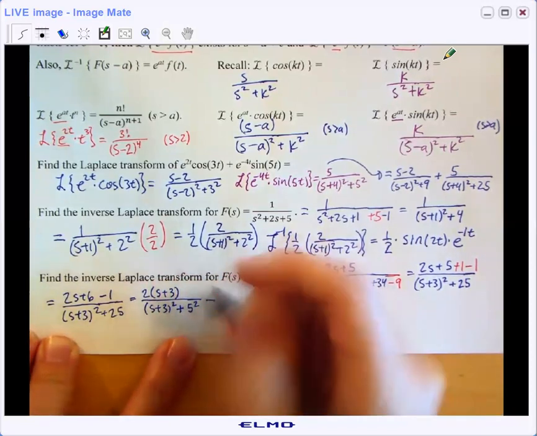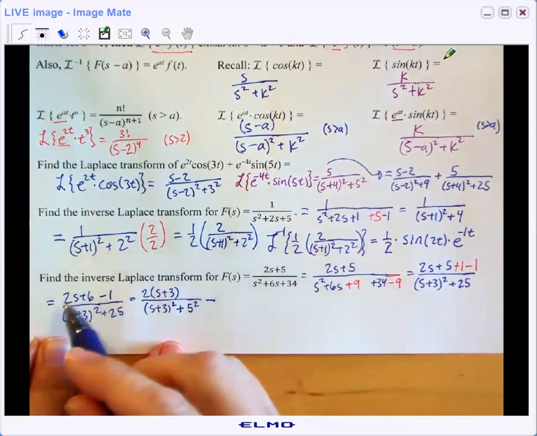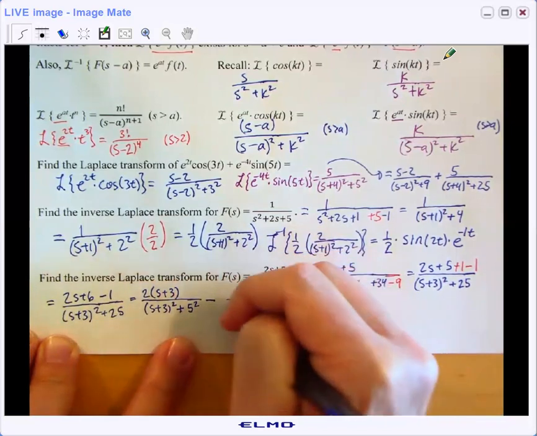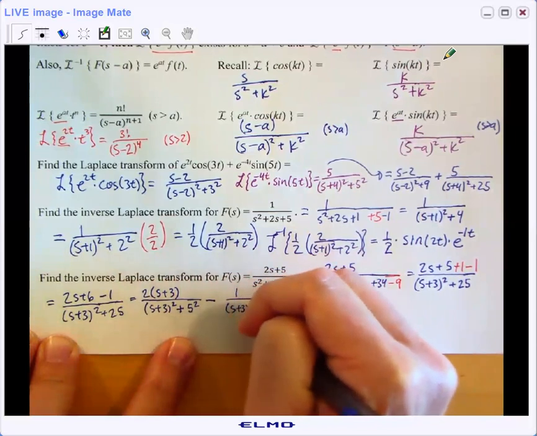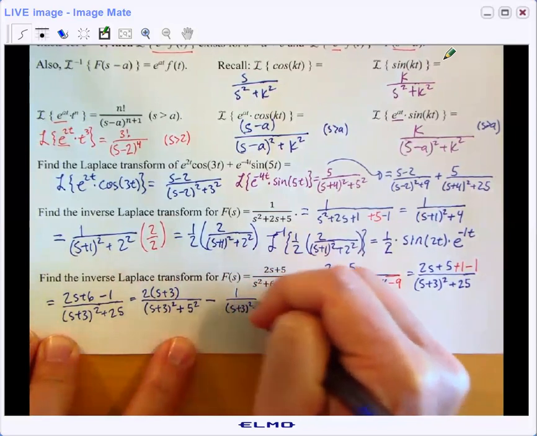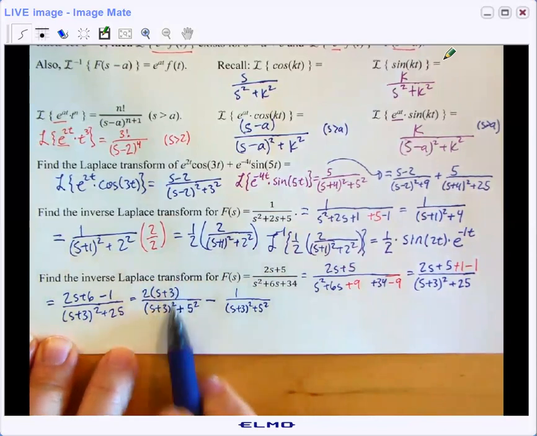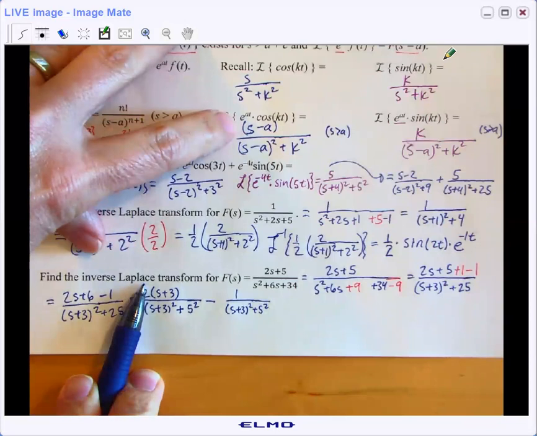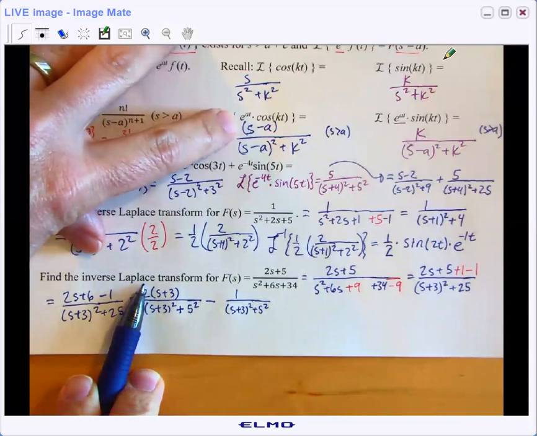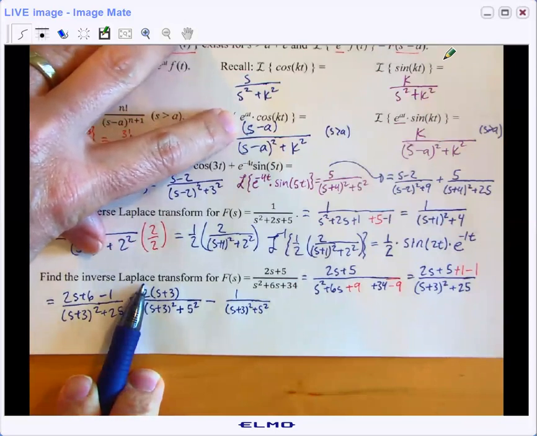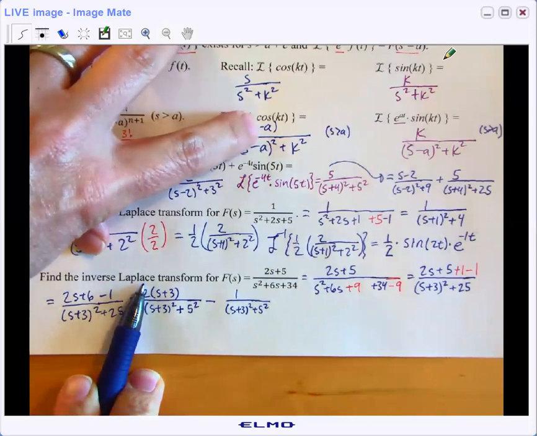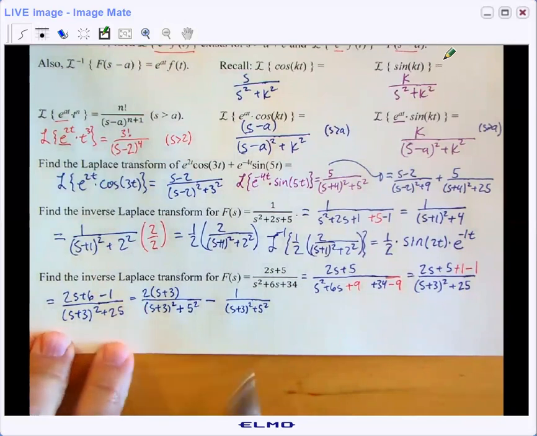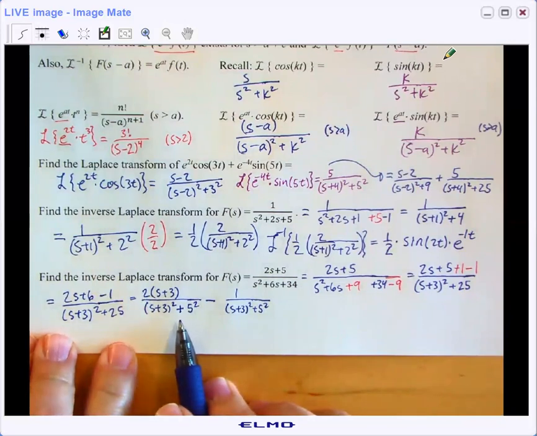And I'll just break this fraction up into its two pieces on the numerator, minus 1 over ((s + 3) squared plus 5 squared). Now this one, if you factor out the 2, looks exactly like this one here, with a equal to -3. So the s minus a would be s plus 3. And the 2 will factor out because of the definition of the Laplace transform.